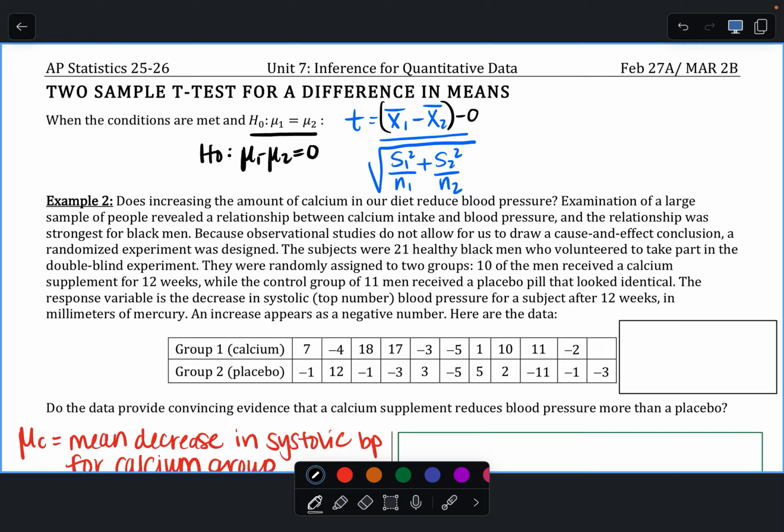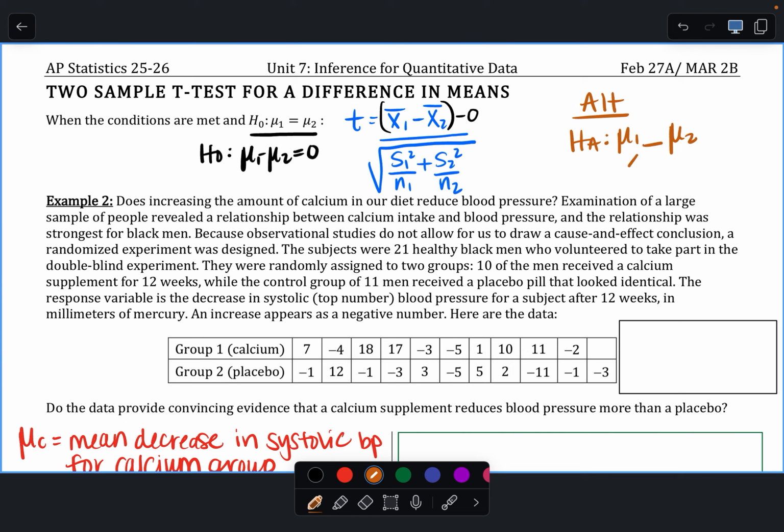These are going to be my null hypothesis and my alternative possibilities, just to give you some examples. I can have HA: mu1, mu2. We'll use that.